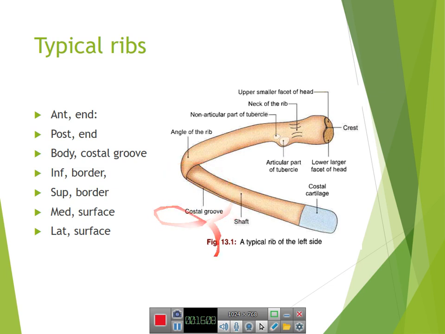Another point about the shaft of the rib is the upper border. The upper border is thick and has outer and inner lips. These lips are a place of attachment of the intercostal muscles between upper and lower ribs. So the upper border of the ribs has two lips, outer and inner lips.